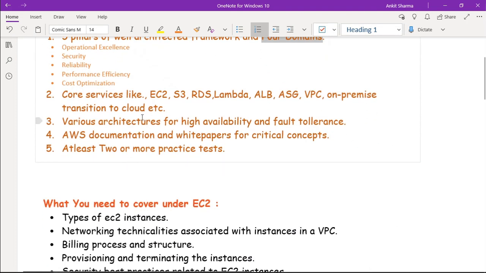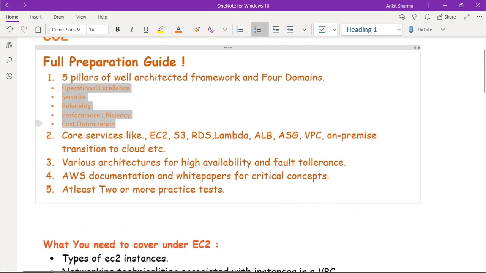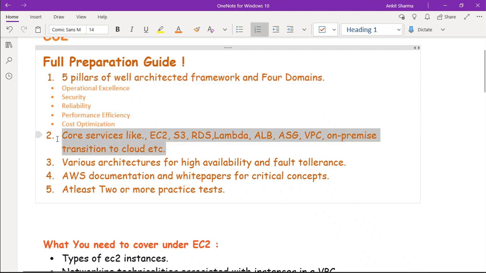Now the next one is we have to cover these things on a higher level, but we have to cover core services as well, and that too very deeply, because all these core services will form the very core of each and every application you design.